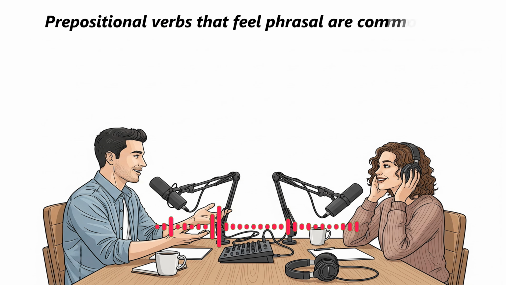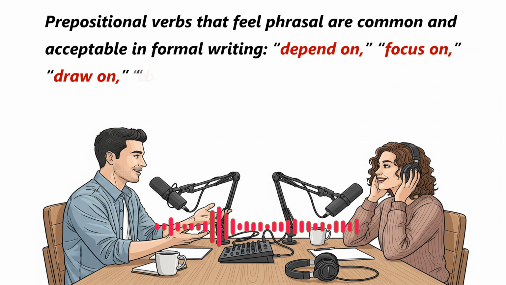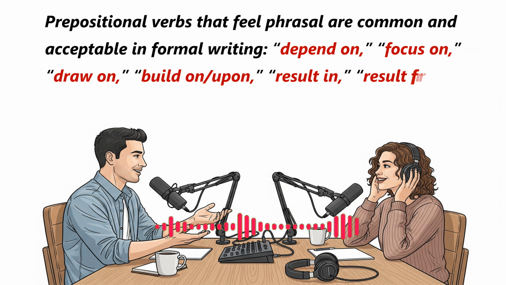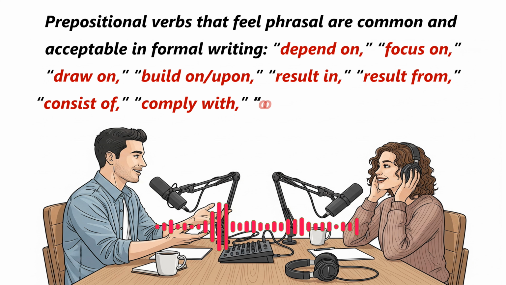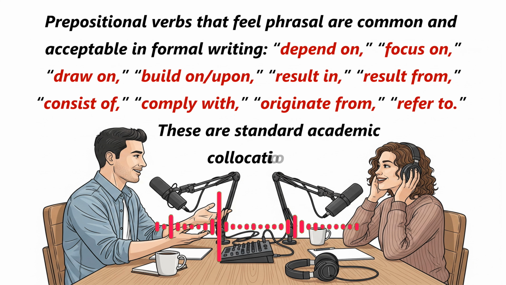Prepositional verbs that feel phrasal are common and acceptable in formal writing: depend on, focus on, draw on, build on, upon, result in, result from, consist of, comply with, originate from, refer to. These are standard academic collocations.